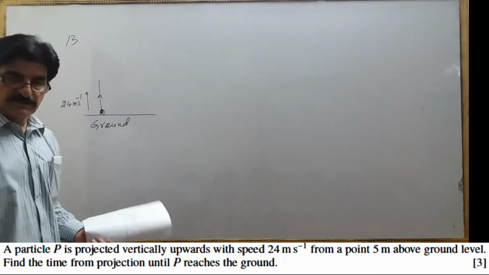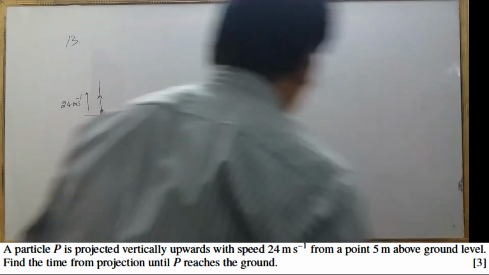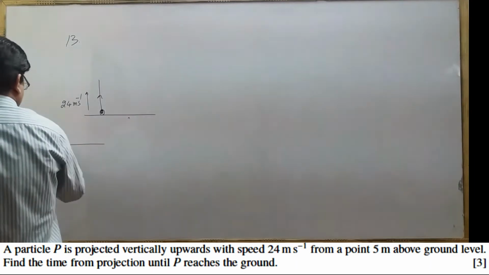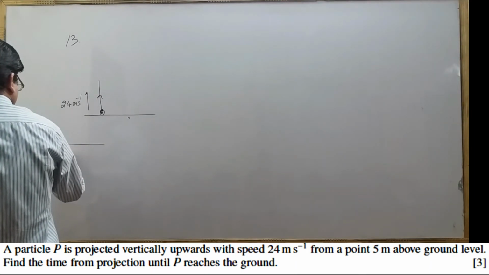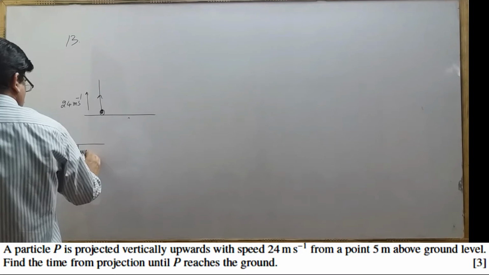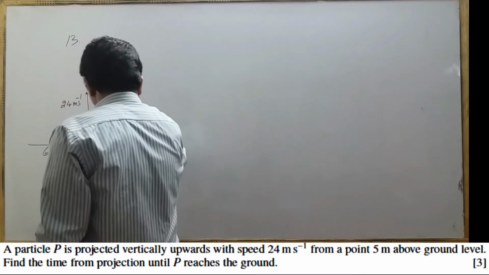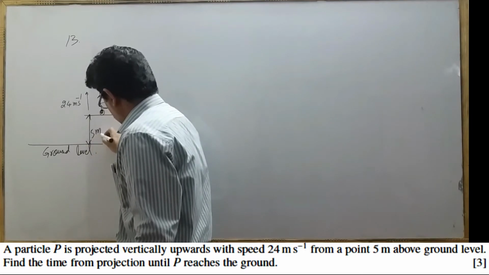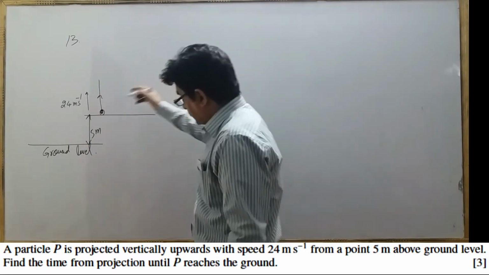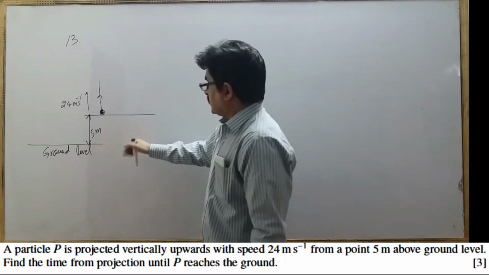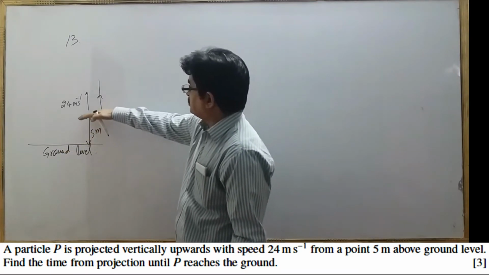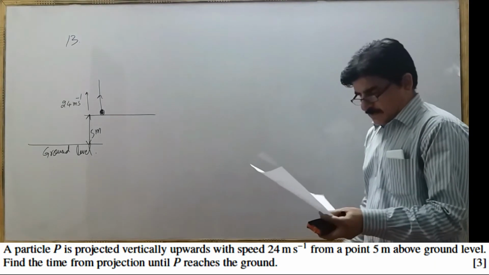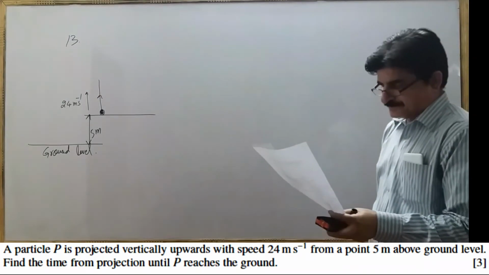So this will not be ground level. It means this is the ground level, and this distance is 5 meter. So this particle is projected not from ground level, but from some point higher than ground level, which is 5 meter above. It's being told in the question.